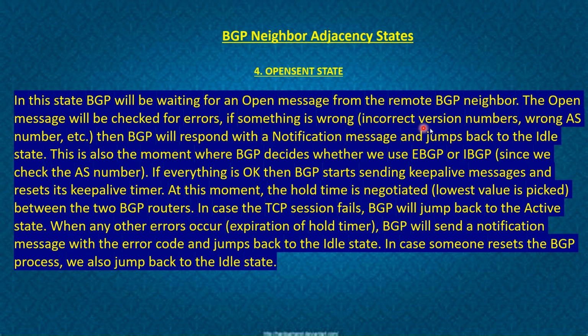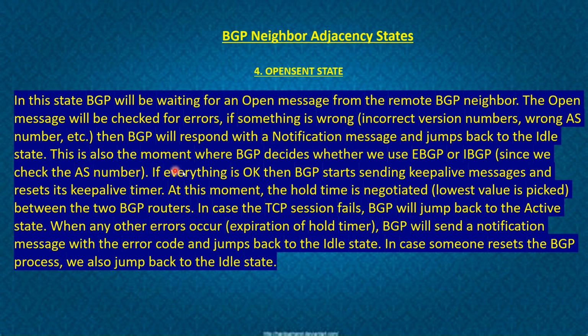Right now BGP uses version 4, and if a wrong version is configured on the remote BGP peer, it will not go further. Likewise, if the wrong AS number is configured, it will not form a BGP session. BGP will respond with a notification message and jump back to the idle state.